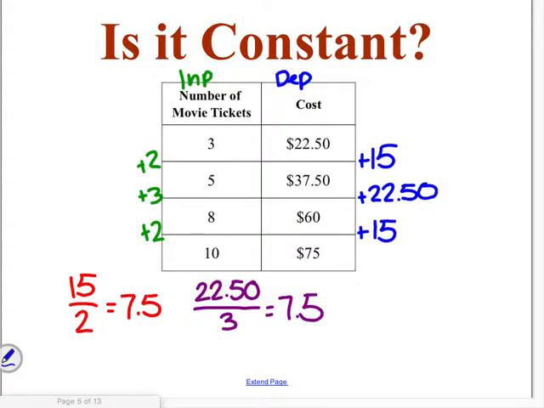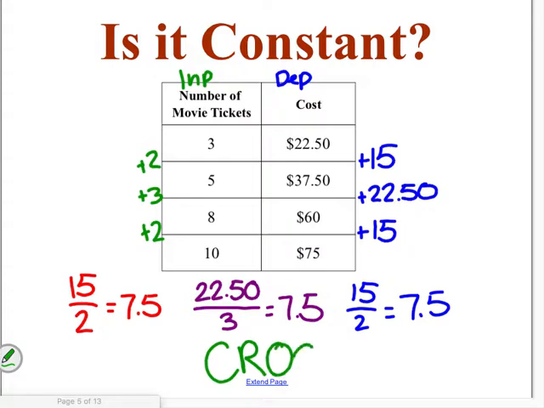And the last one was a change of 15 over 2 again, which we already have said is 7.5. So since all 3 of these ratios turn out to be the same, we have a constant rate of change, or for those of you at home that like abbreviations, CROC, constant rate of change.